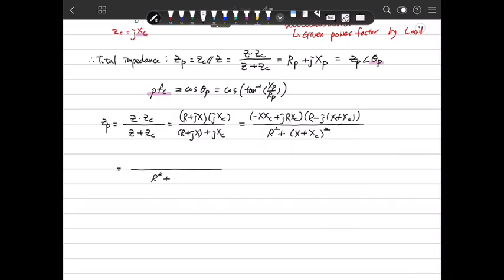R squared plus X plus XC squared, and R XC squared plus j R squared plus X XC plus XC squared. It looks very complicated.